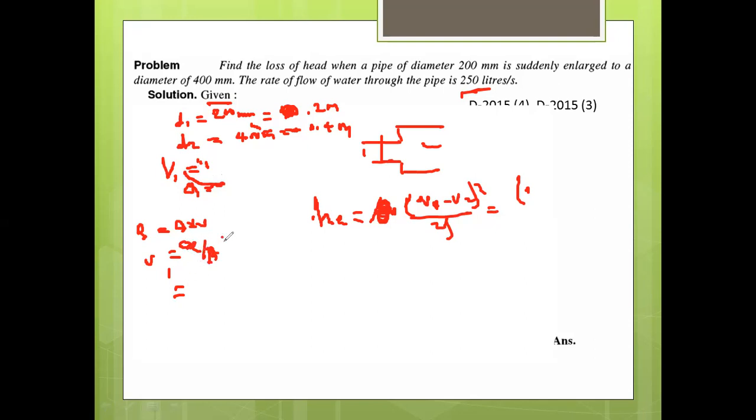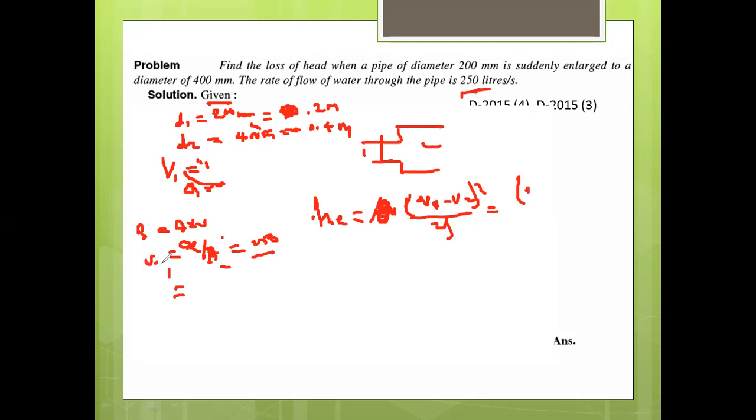Putting this discharge 250 divided by area A1. How much is the velocity?